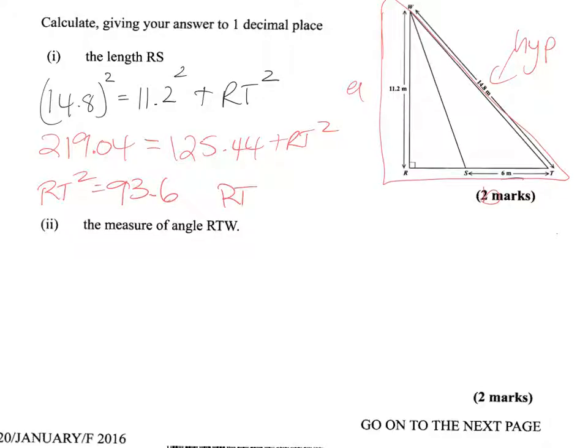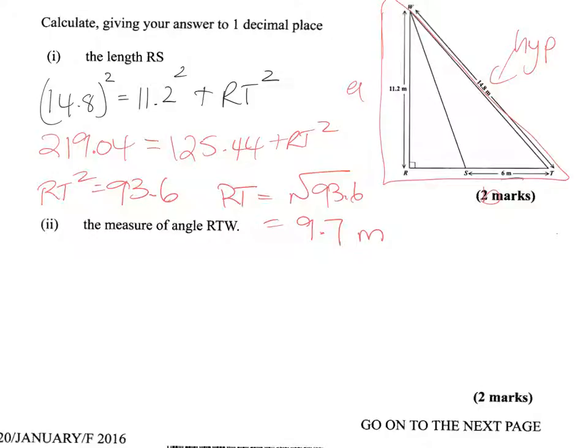Therefore, RT is equal to the square root of 93.6, which is 9.7 to 1 decimal place meters.